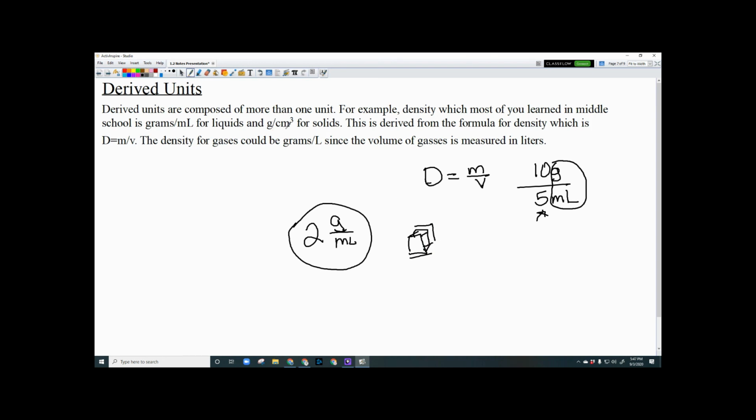So that would be cubic centimeters. So if this was 10 grams and the block was 5 cubic centimeters, because this is a solid, then we would get 2 grams per cubic centimeter, which is a derived unit as well.